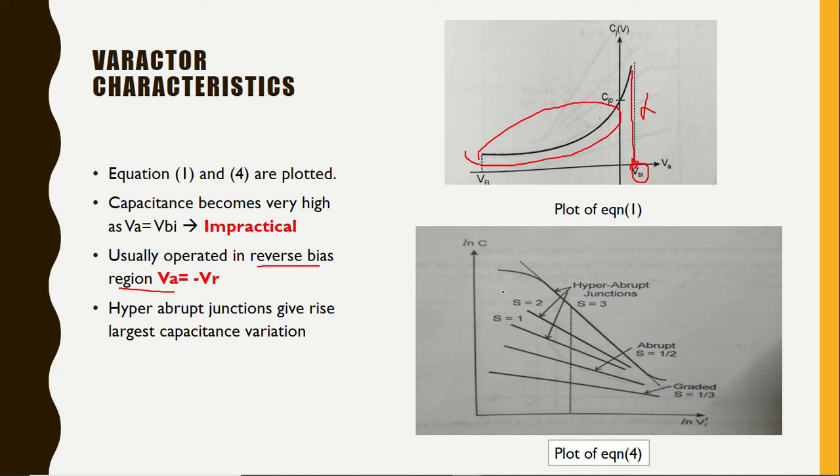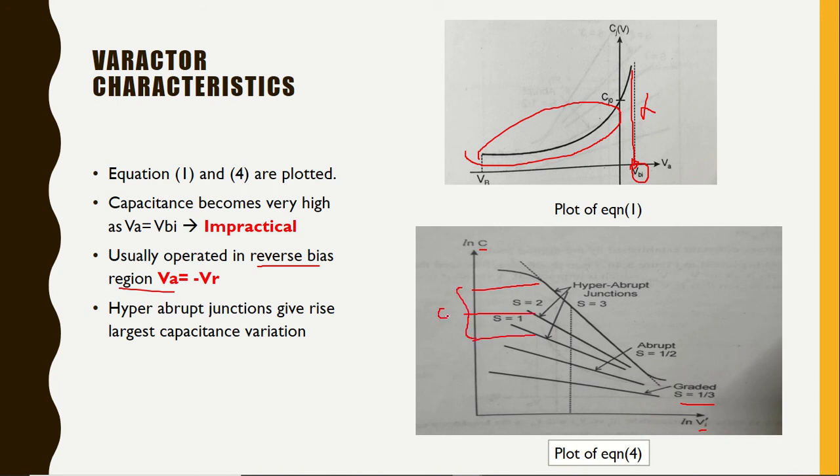And looking at this diagram, this gives a plot of capacitance versus the voltage with respect to the various hyperabrupt junctions. So if you see here, when S is equal to 1 by 3, the variation is a bit gradual. It is not too high or too low. At abrupt junction again, it is somewhat a gradual decrease. But for hyperabrupt junctions, we are able to achieve very high values of capacitances.